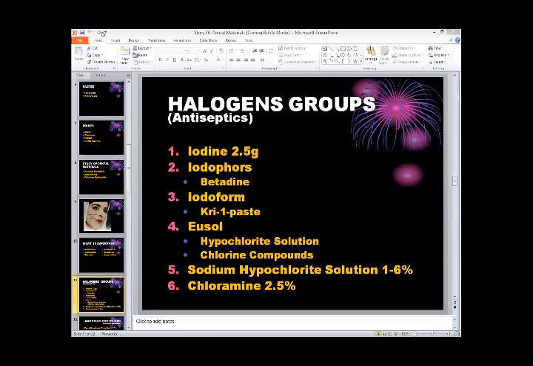These ammonium compounds are very effective against all gram-positive and gram-negative bacteria. Benzalkonium chloride sprays are available, and it is available in bottles.